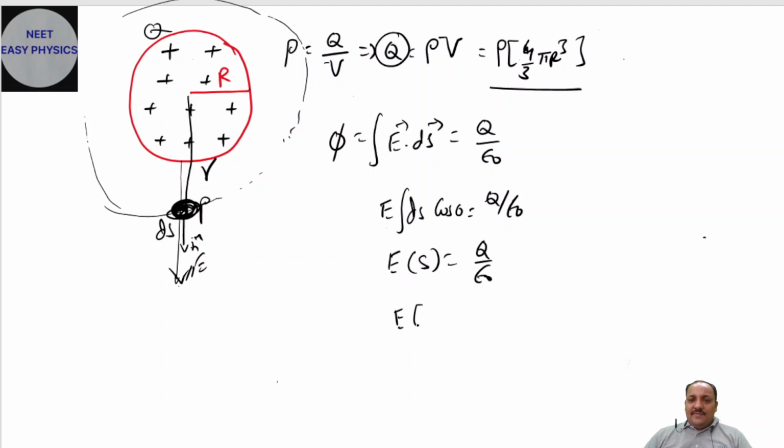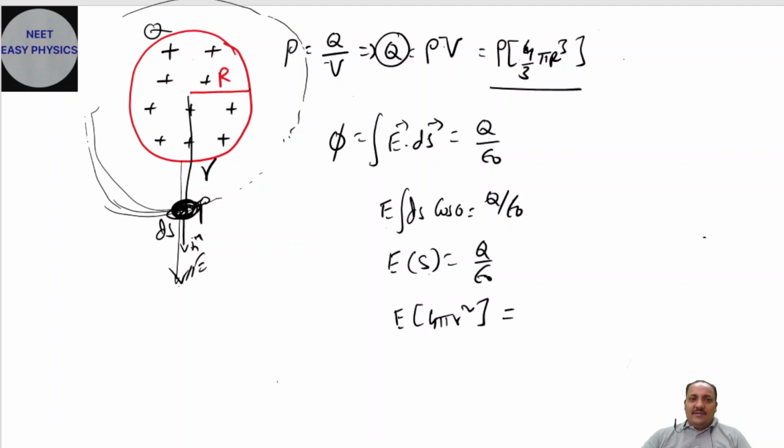So E into the surface area of this Gaussian surface, which is 4 pi r square, equals q by epsilon naught. What is capital Q now?